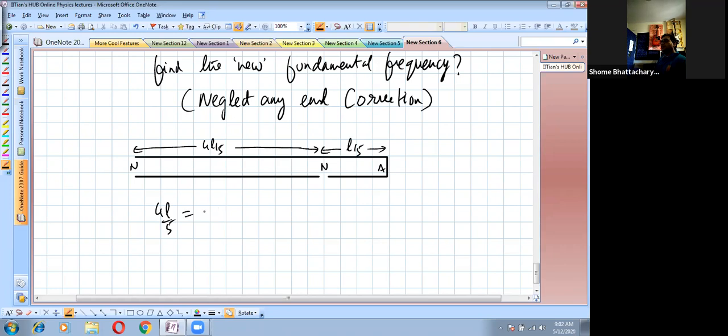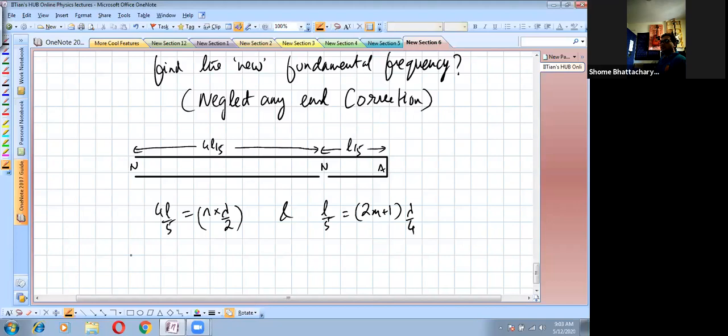So it has to be some multiple, let's say n, of lambda by 2. Whereas at the same time, this length L by 5 has to be an odd multiple. So it is, let's say, some 2m plus 1 times lambda by 4 for the antinode end. So our lambda has to satisfy both the conditions. Okay.